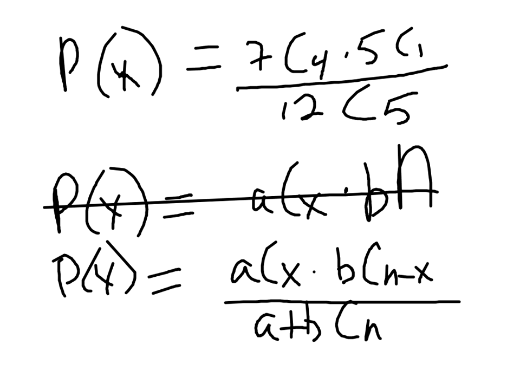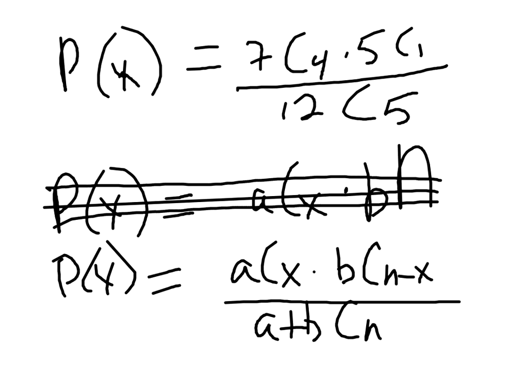But if we can relate the formula to the example that we just did, notice that the ACX, in this case, was like our women, and this would be like our men for the committee. The first thing we noticed was that there were a total of 7 women from which we chose 4 and 5 men from which we chose 1.